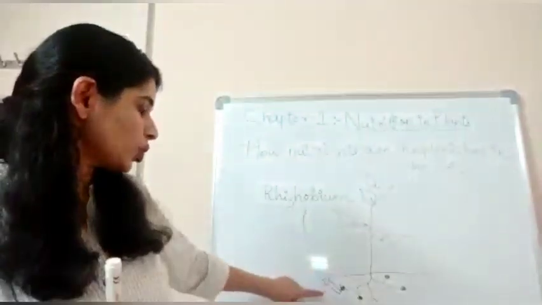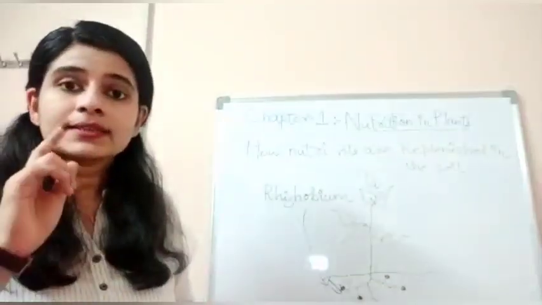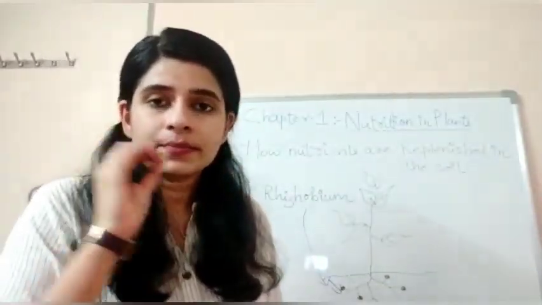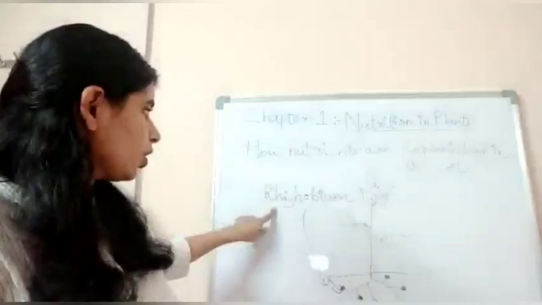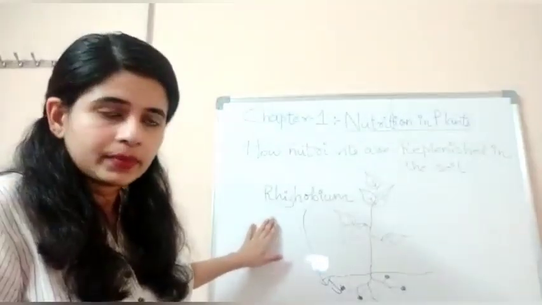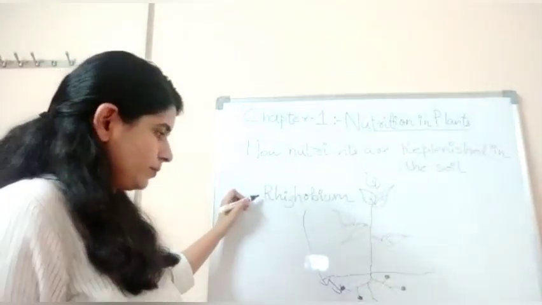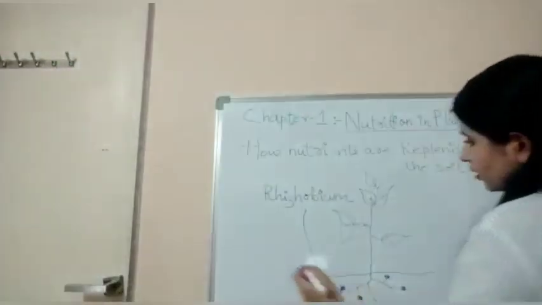Okay, so rhizobium is a perfect example of a symbiotic organism. That is, rhizobium cannot prepare their own food. Okay, so I'll just show you.